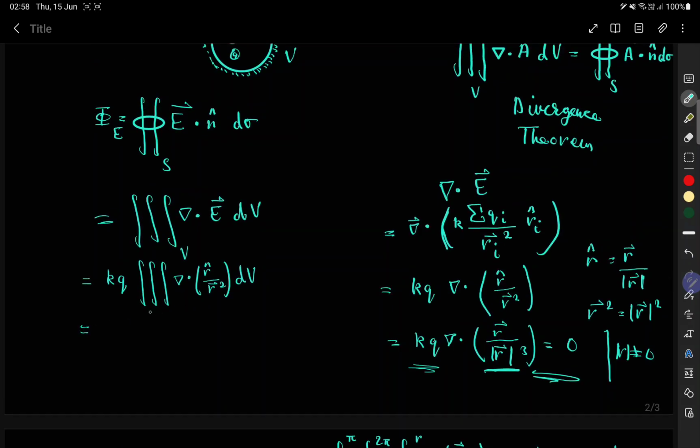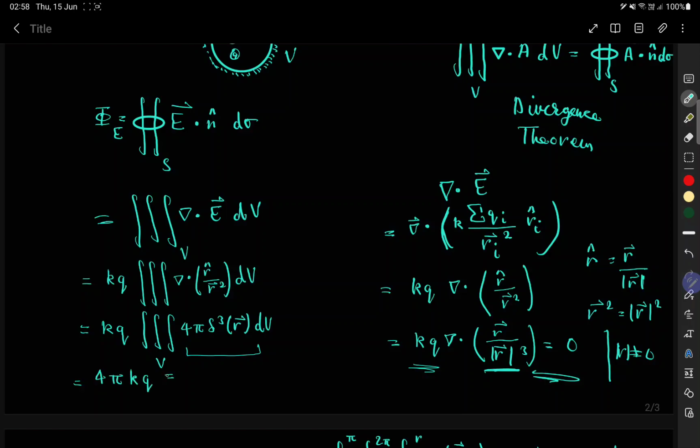So we can carefully just say this is kq, and the integral of 4 pi delta cubed r dv over the entirety of the volume V, which is a closed surface, by the way. So r is equal to 0 is included. So this integral should just come out to 4 pi. So we have 4 pi kq.